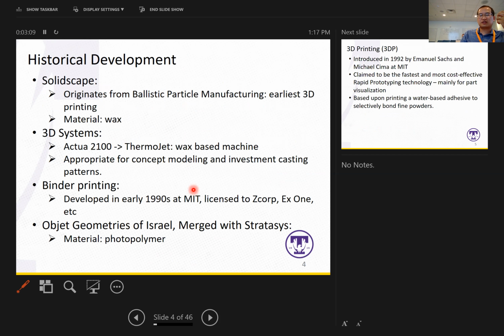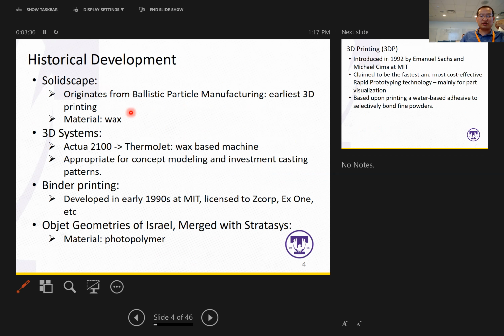Let's have a very brief review of the historical development of such printing approaches. As you can see, there is some work where they use wax to build up the model. Wax is very easy to melt and to spread by very simple mechanisms, right?